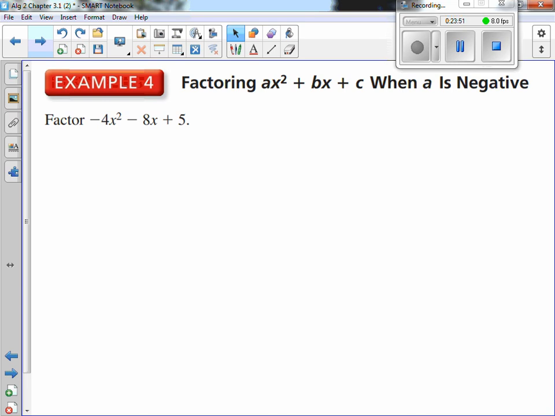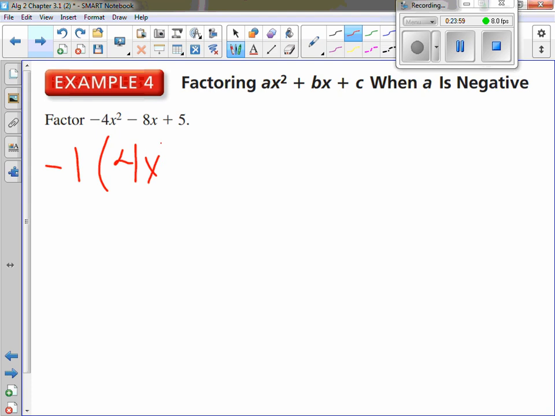It is 1, but it's not going to be positive 1. It's going to be negative 1. Because what's going to happen is it's going to change the sign of everything inside. Because when I factor out a negative, if it was negative, it's now positive. And if it's positive, it's now negative.